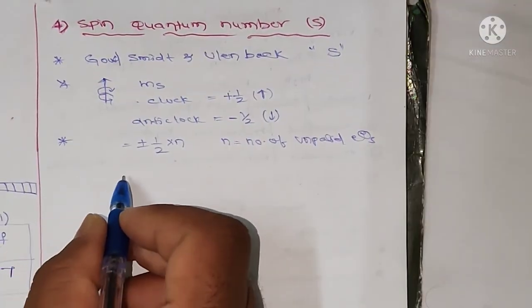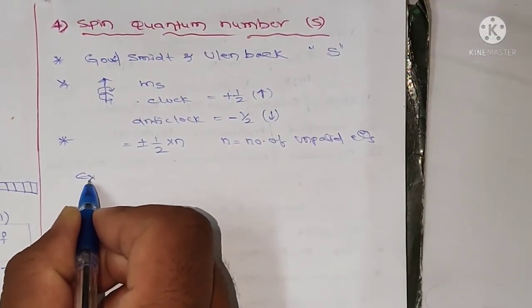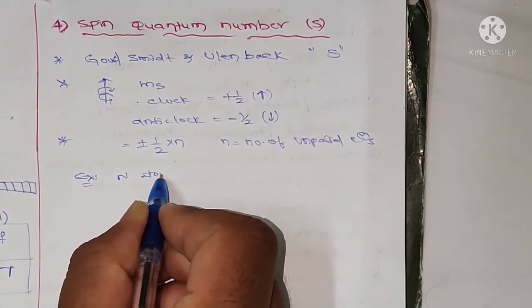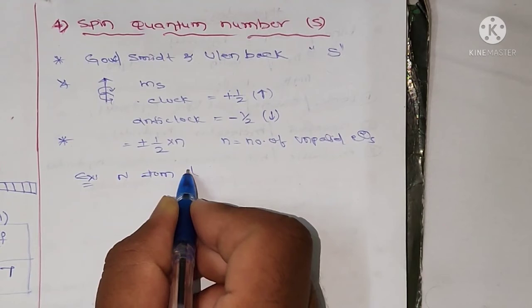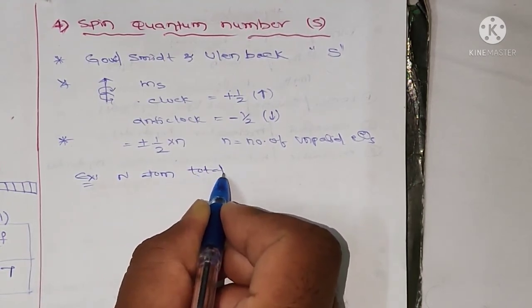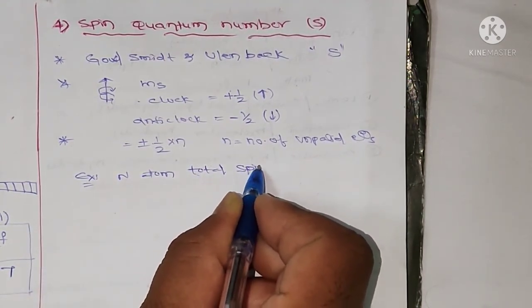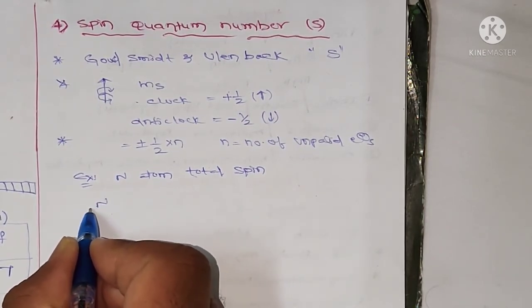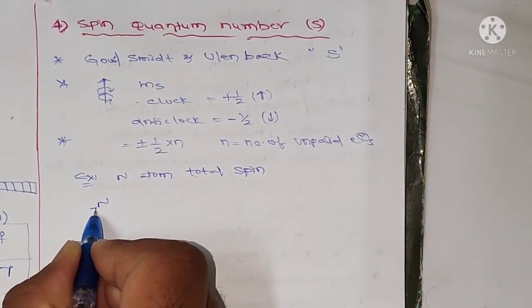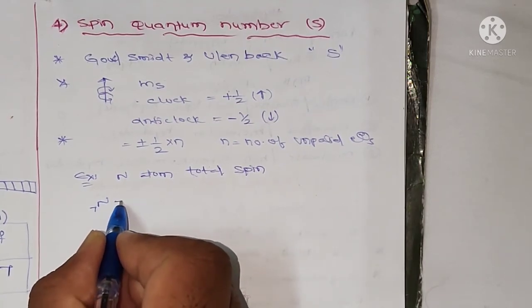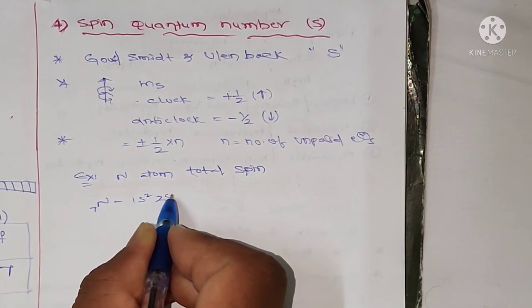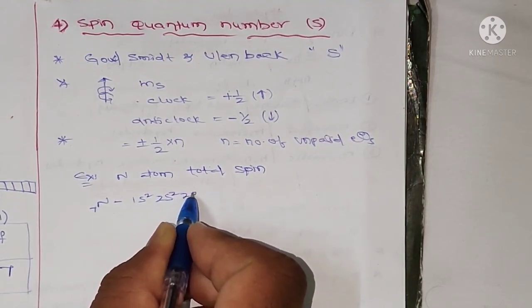Let me take one example: the nitrogen atom, total spin. We know that nitrogen has atomic number 7 and electronic configuration 1s2, 2s2, 2p3.